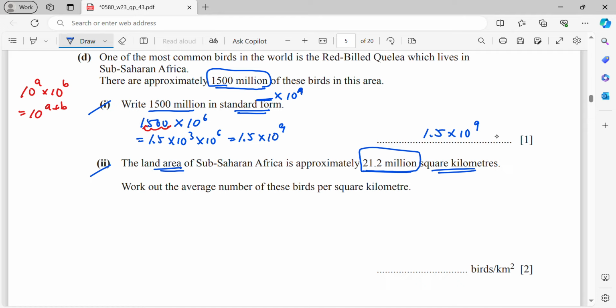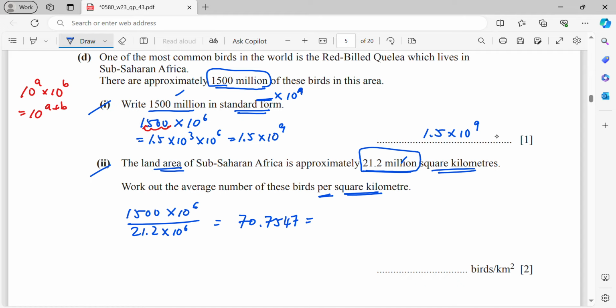So now you need to find per square kilometer. Look at here. Per means divide. So it will be 1,500 times 10 power 6. I use back the original because both are millions. Over 21.2 times 10 power 6 because it's million. Then now here you just divide.